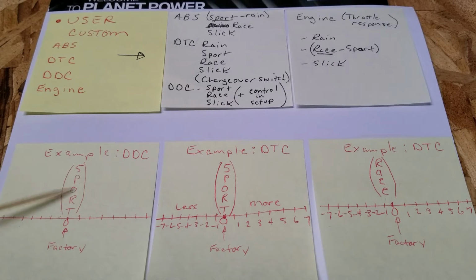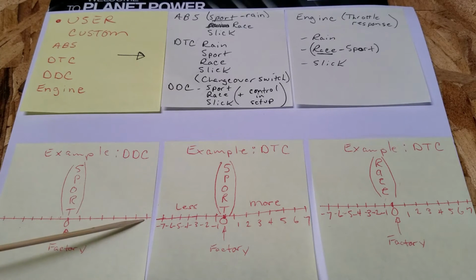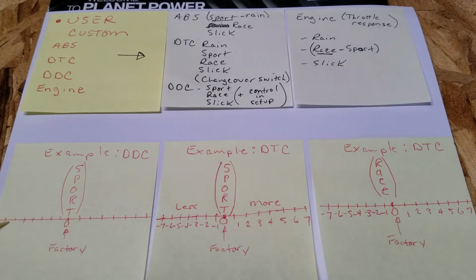For example, sport is sort of like a general softer riding mode for the damping, but you can either firm it up going towards +7 or soften it up. Both rebound and compression on the rear, and then general damping in the front. So that right there is just a general overview of what you get from the menus and how you can mix and match everything here.